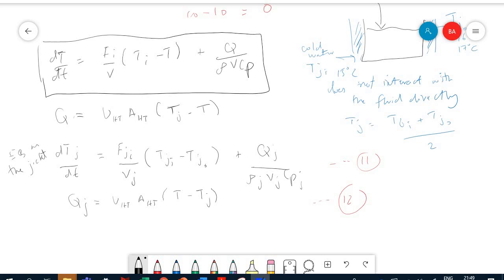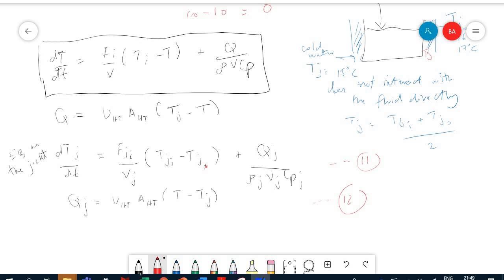So what I'm trying to say is that I can remove this out here and say that it is simply Tj. Why? Because Tj is exactly what is leaving the system. It's like what we were talking about previously with the reactions: the concentration in a CSTR is exactly what is leaving the system. And it is very similarly represented here.